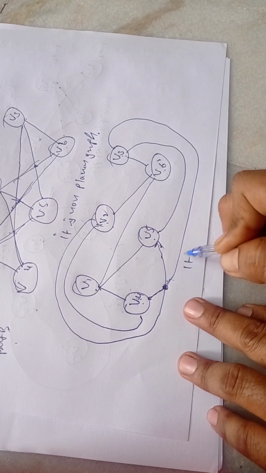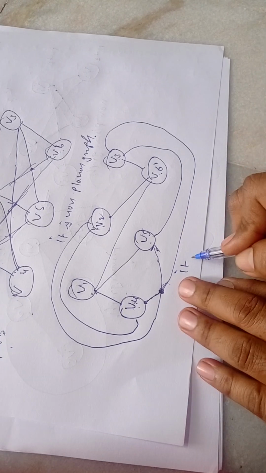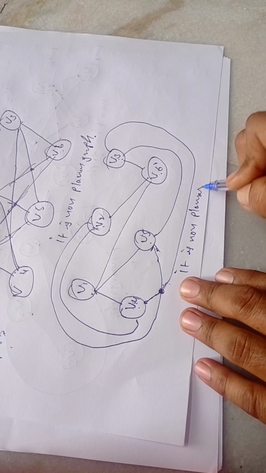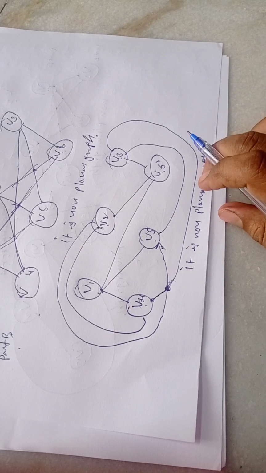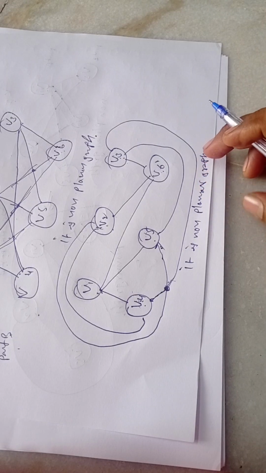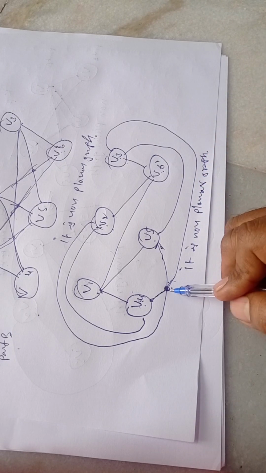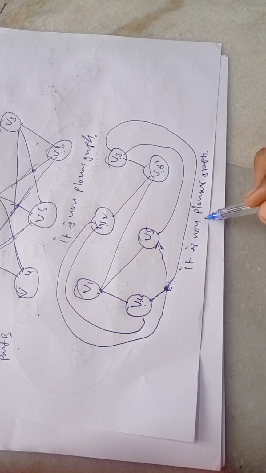So since it is drawn with crossing, it is a non-planar graph. What is a non-planar graph? A graph that is drawn with crossing edges is called a non-planar graph. So this graph is non-planar. Right. Thank you.